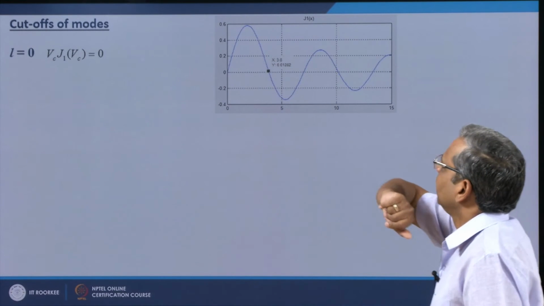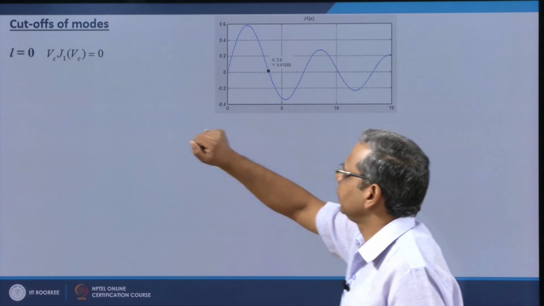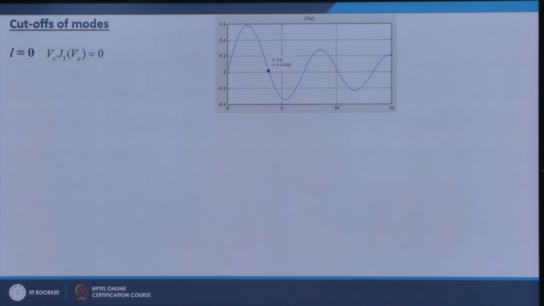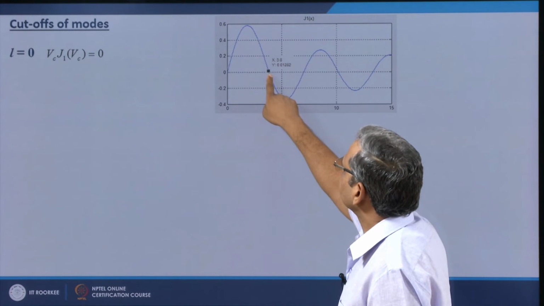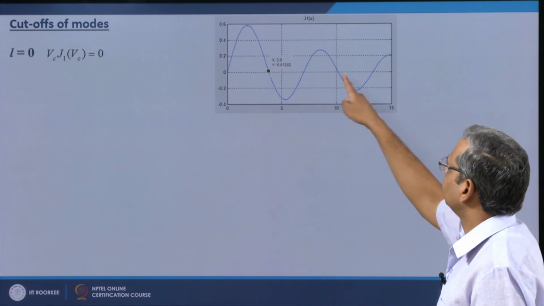Its first 0 is at x equal to 0 itself, and that is coming from here also. So, first root is of course Vc equal to 0. Now, let us look at the second 0. Second 0 appears somewhere here near 3.8, and then the third 0, fourth 0, and so on.